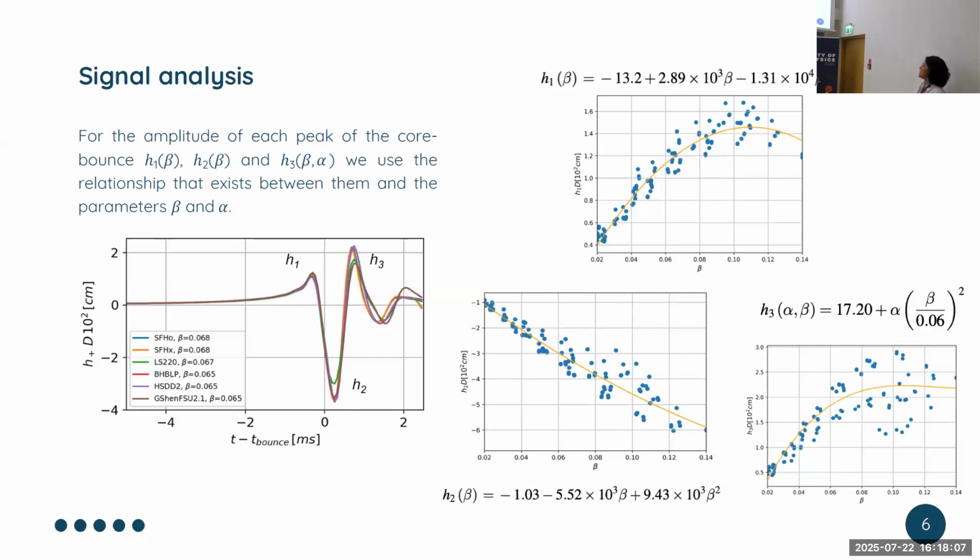As we can see here, in the beta parameter, we have 0.08 in this range, and this is less than this value and more than this value. So the range that we are analyzing, as I said before, is from 0.02 to 0.14. If we plot every peak, we see here, for example, the H2 peak is this way, and the other one depends on two parameters. The first two depend on the beta parameter.